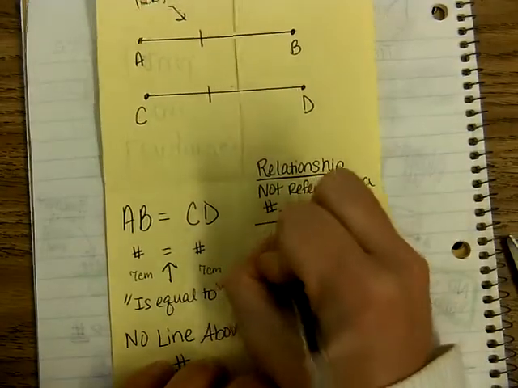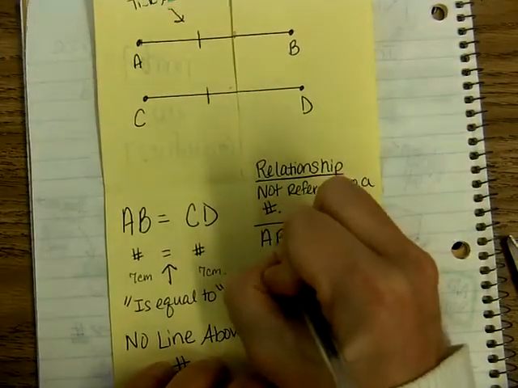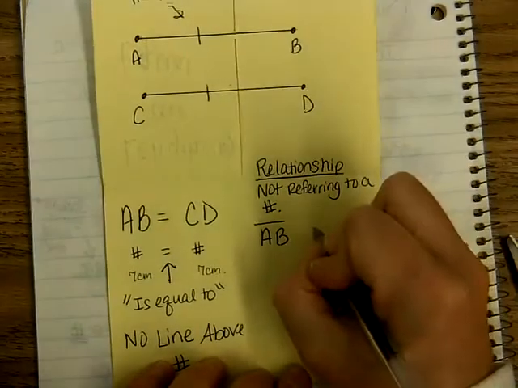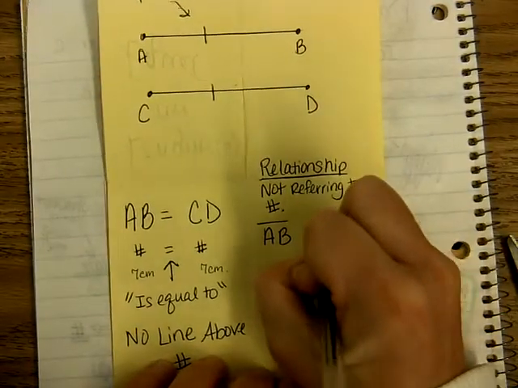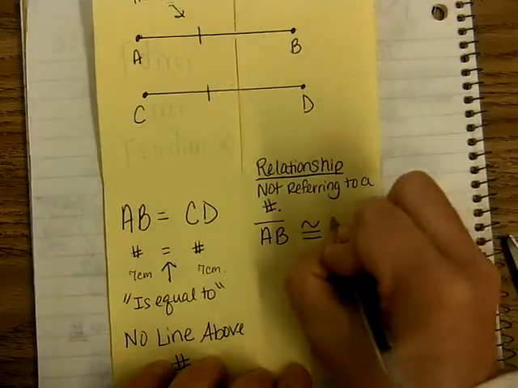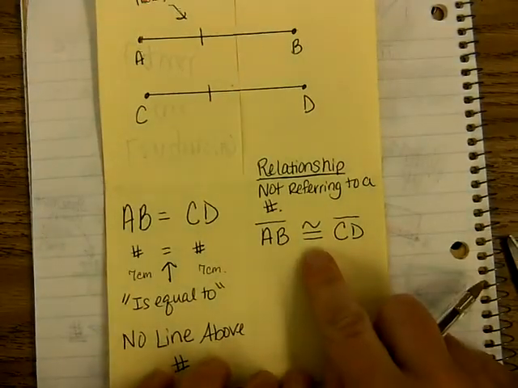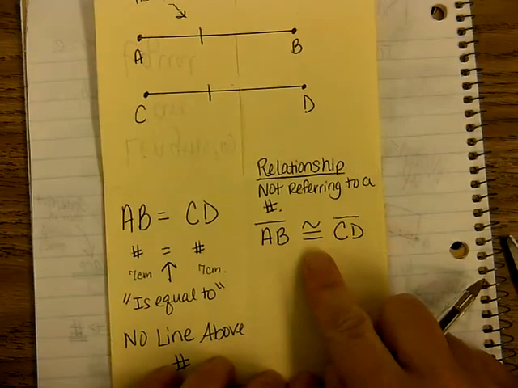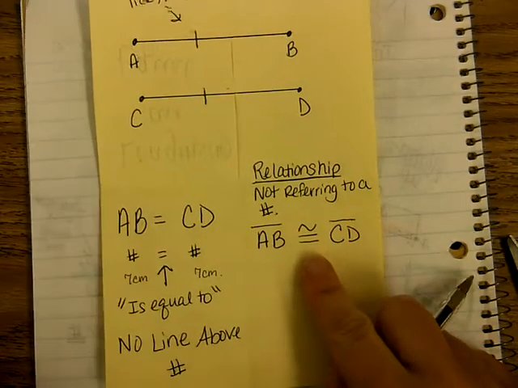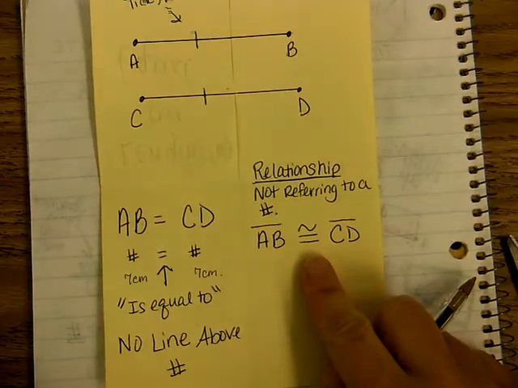What you would say instead is segment AB, with the symbol above, is congruent to segment CD. This means that they have the same length, but I'm not interested in talking about numbers. I'm interested in talking about their relationship.